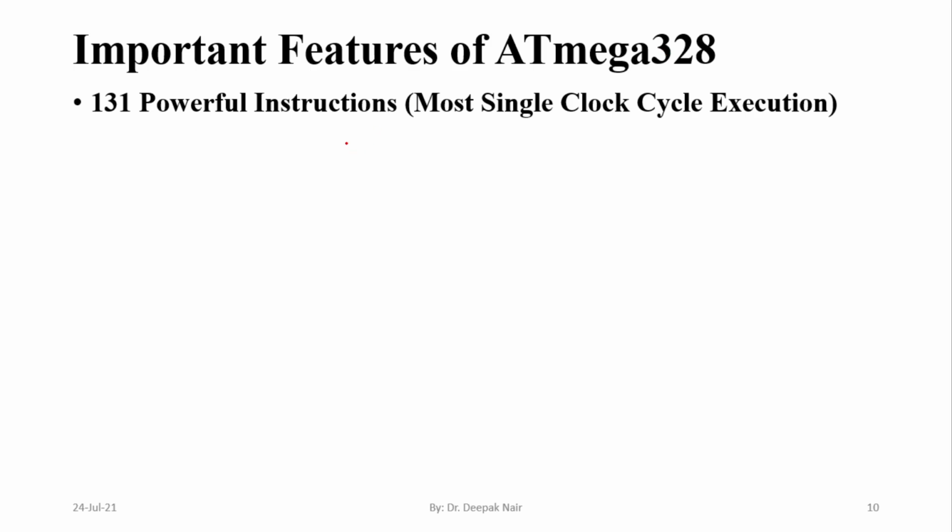From the data sheet we can observe there are 131 powerful instructions which can control the Atmega 328. So using all these 131 instructions, we can control different functionalities of Atmega 328.